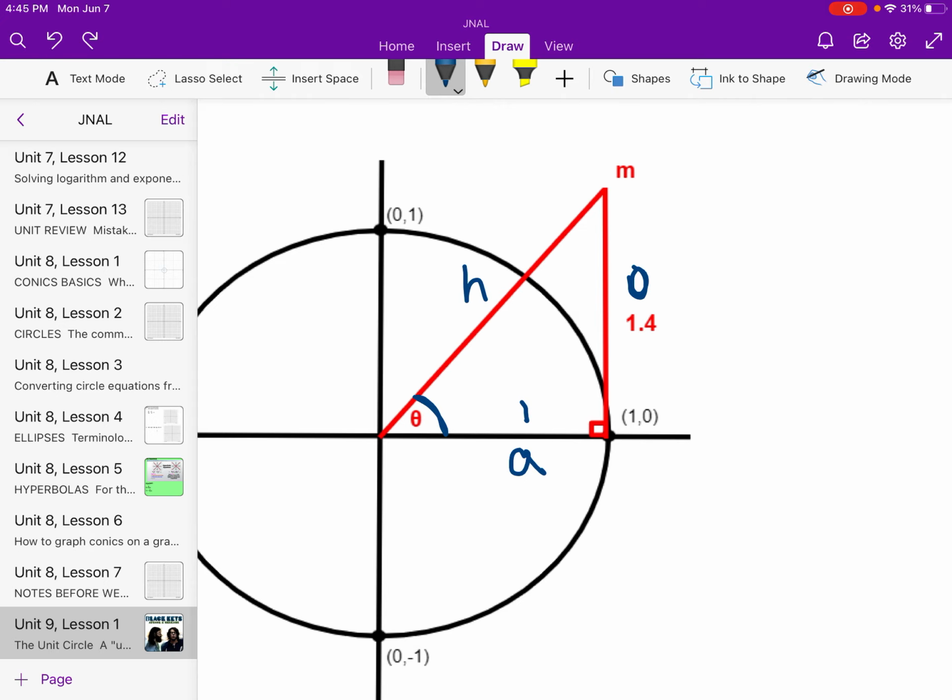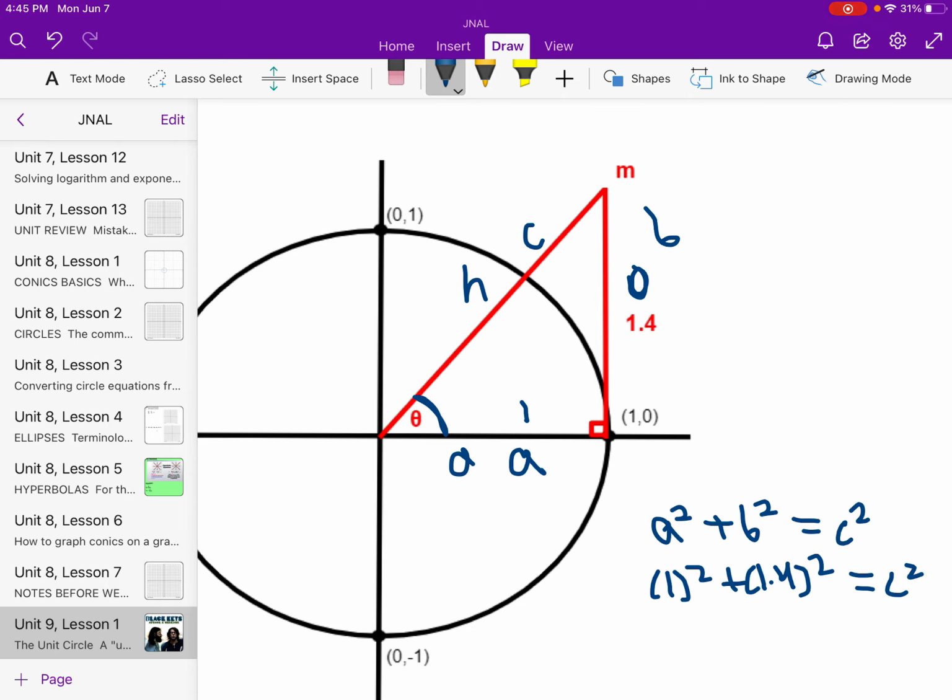So now we can use the Pythagorean theorem, which I think I've already talked about in these videos, but it is a squared plus b squared equals c squared. And c is the hypotenuse, and a and b can be either one. So we can just say this is a and this is b. So a is 1, b is 1.4, c is what we're trying to find, which is our hypotenuse.